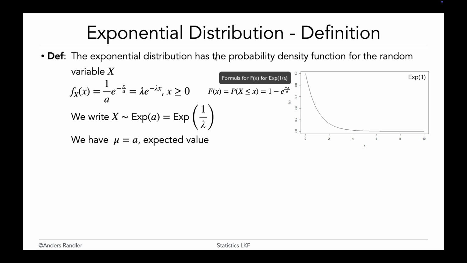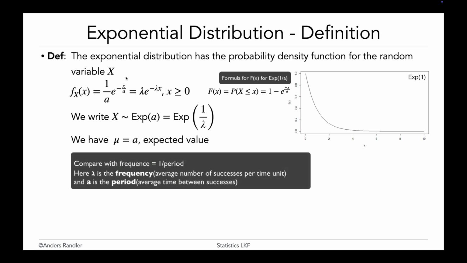So the exponential distribution has the probability density function for a random variable x looking like this. Depending on where you find this formula, it might be expressed differently. So it could either be like this, 1 divided by a times e to the power minus x divided by a, or lambda times e to the power minus lambda times x.